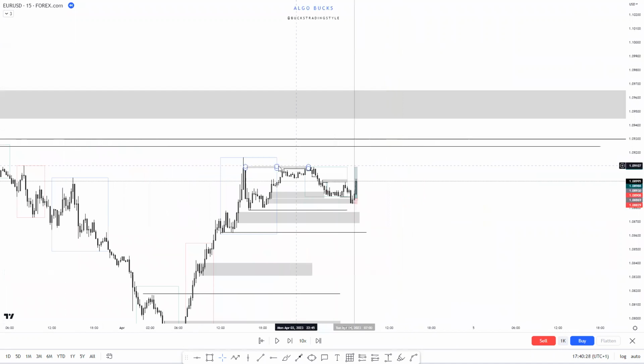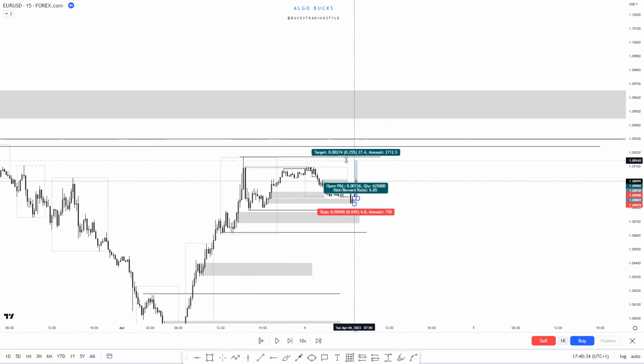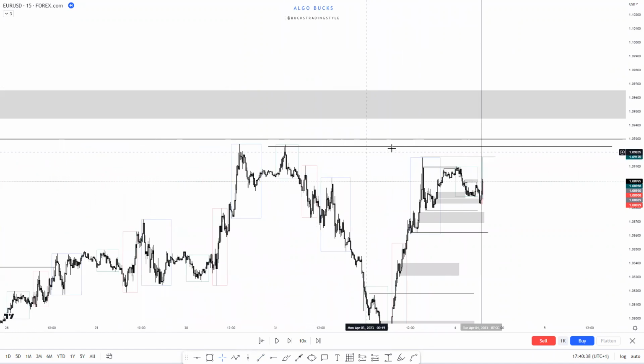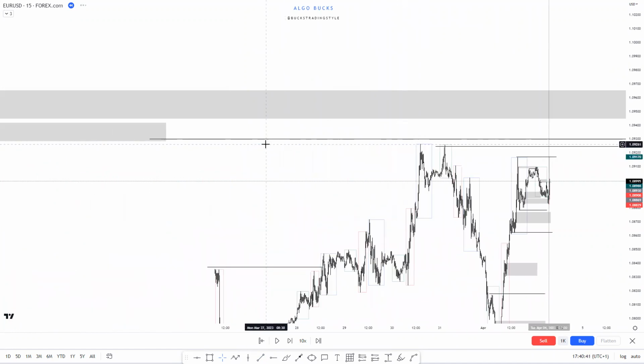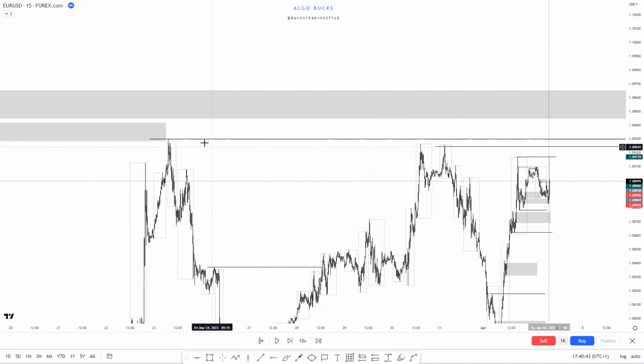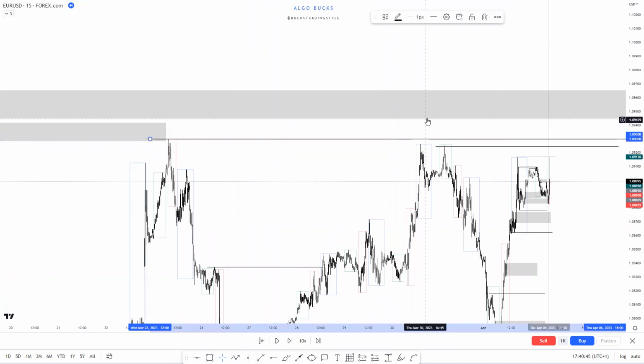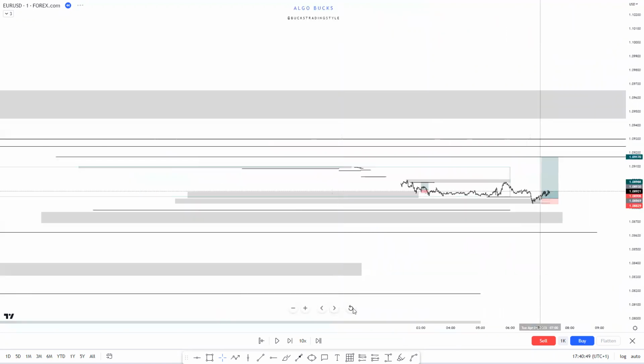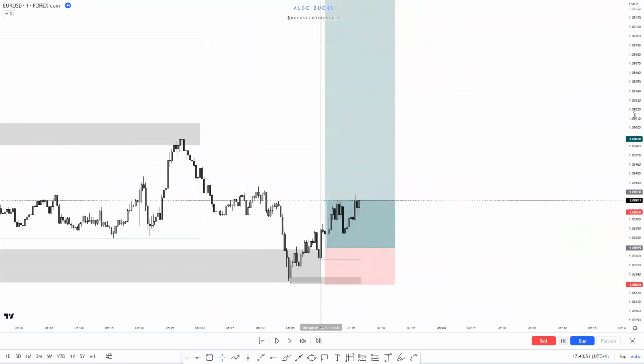Okay, so remember this high was our 15-minute high, and it was the previous daily high. So we'll be having this as our target. Okay, this is our target, but overall we want to see that high from the 4 hours get taken out, this high right here, for price to come into this POI, so we would sell from. Okay, so go back on M1 to see what price is going to do.